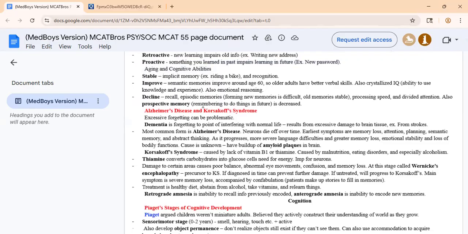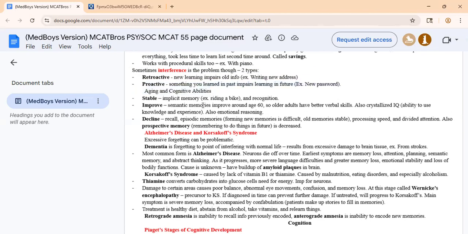Stable, improve, decline. Stable means your memory is stable. Improve means your memory starts improving when it comes down to age. Typically with aging, implicit memory is still there, like riding a bike. So with aging, implicit memory is stable. You could have some semantic improvement around age 60, but crystallized IQ is extremely important.